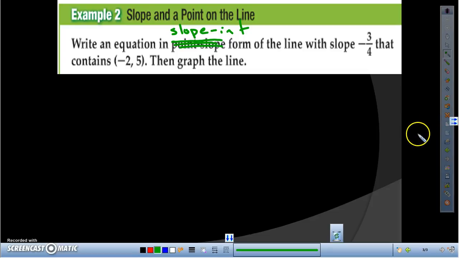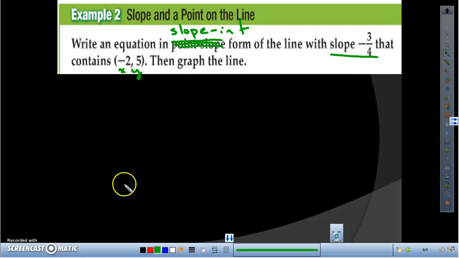So it becomes a little more difficult when they don't just come right out and give you the slope and the y-intercept, but they have given me another crucial component, which is an ordered pair that falls on the line. I have an x and I have a y, and I have an m value.